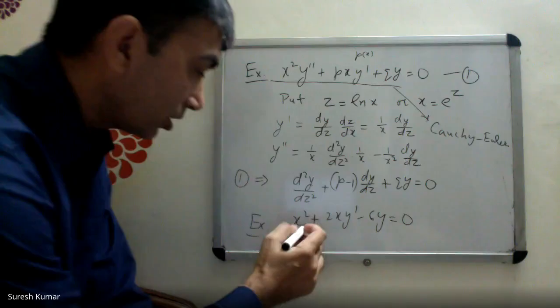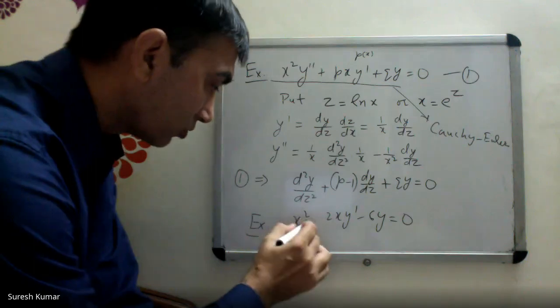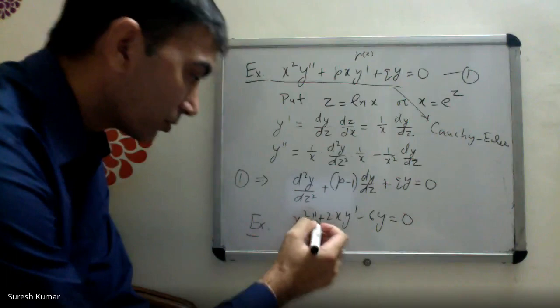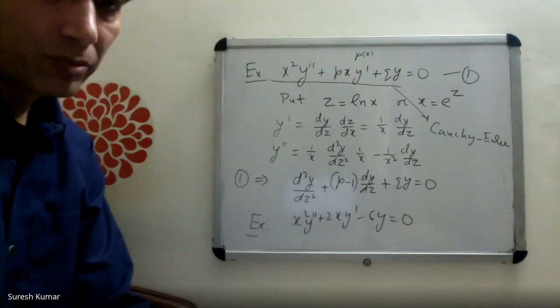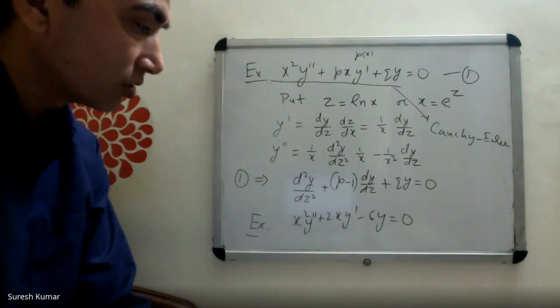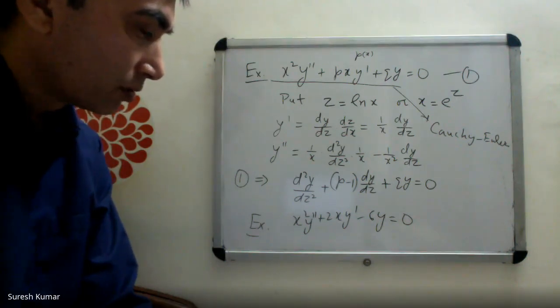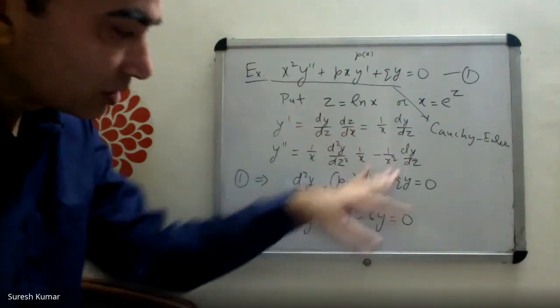Sir, is it x square y double dash? Yeah, I missed it. x square y double prime plus 2xy prime minus 6y equal to 0. Yes. So because you have transformed here, you are seeing it clearly.